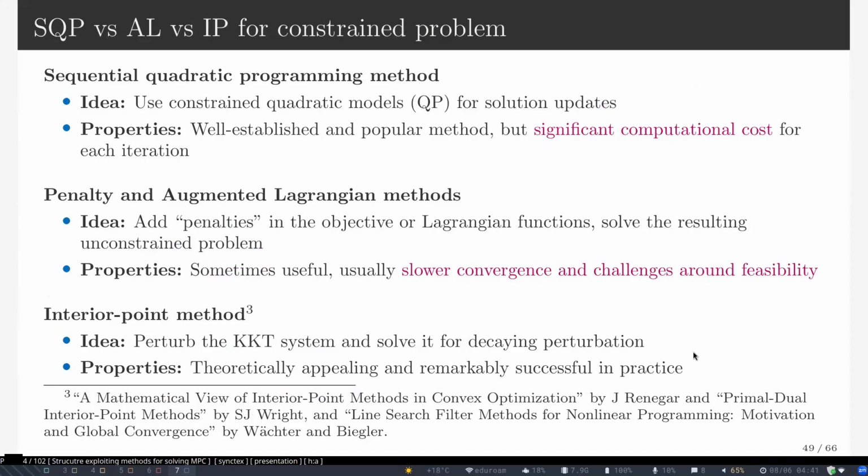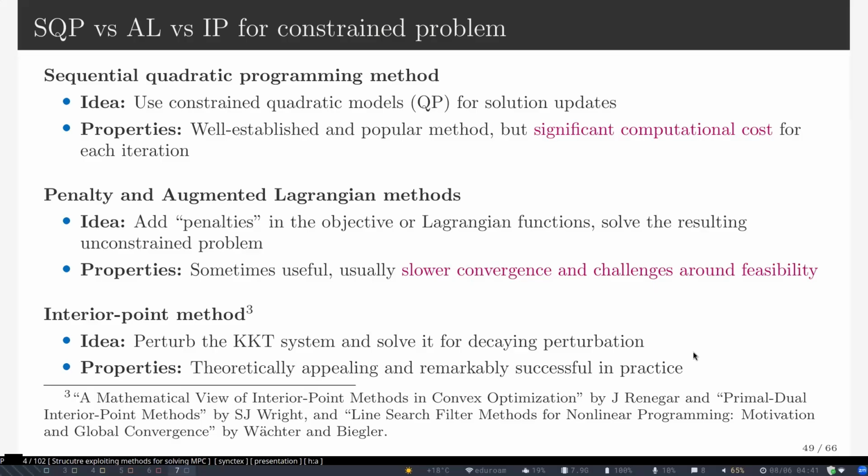Okay, so what is the idea? So these are the common ways of solving it now. With SQP, we end up building a sequence of quadratic models of the problem.